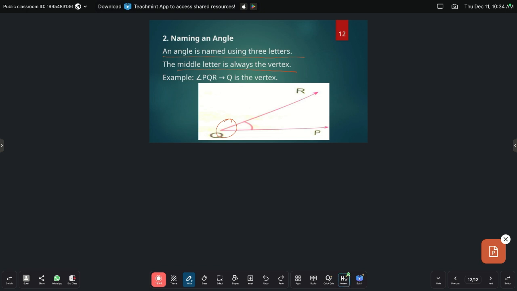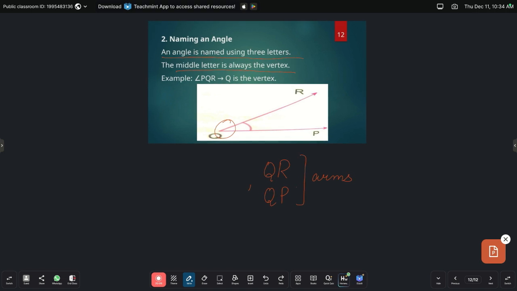Suppose here we are again having QR and QP. These are the arms of the given angle that I have already mentioned here. So what is the vertex here?